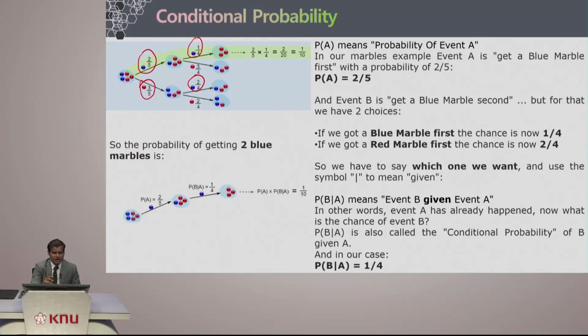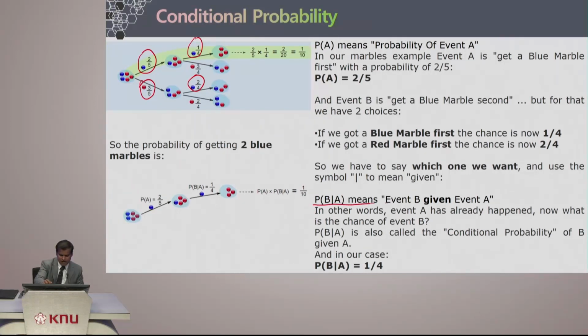So we have to say which one we want, and we can use a symbol, a bar, which means given. Look closely here: probability of B given A, that's what it says.